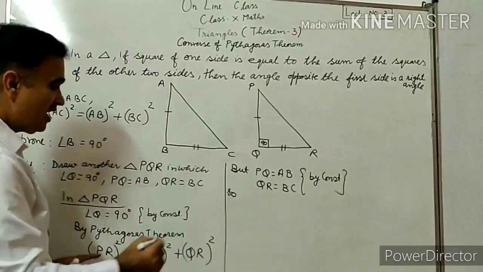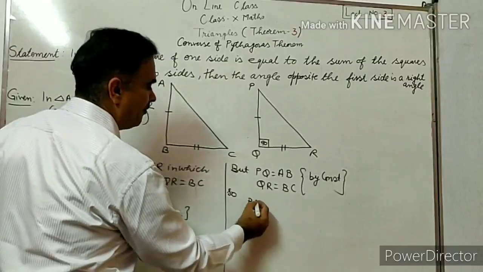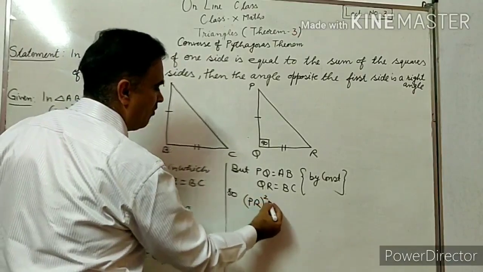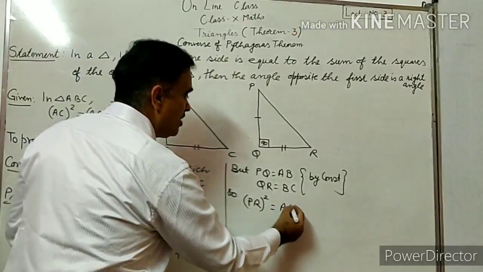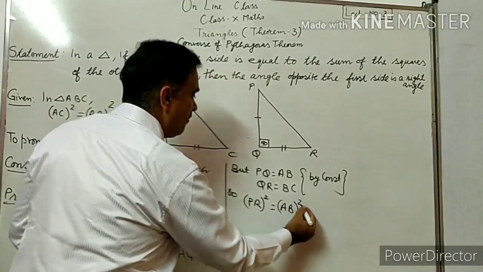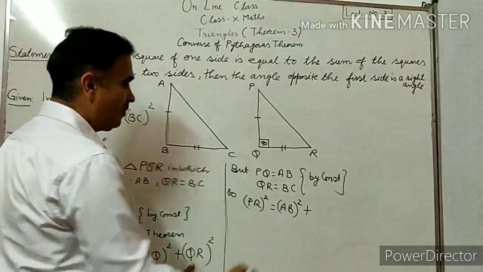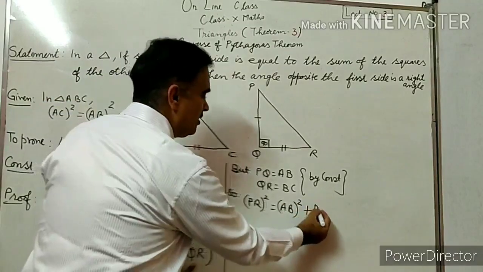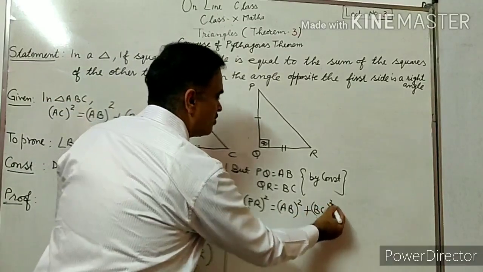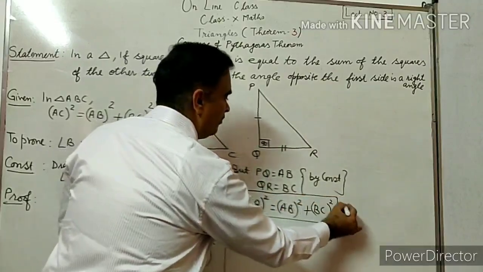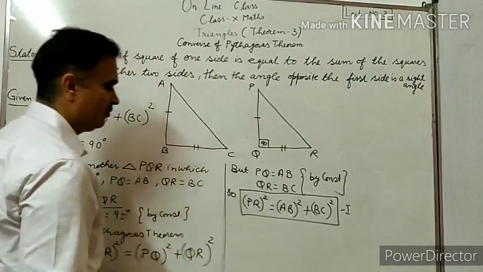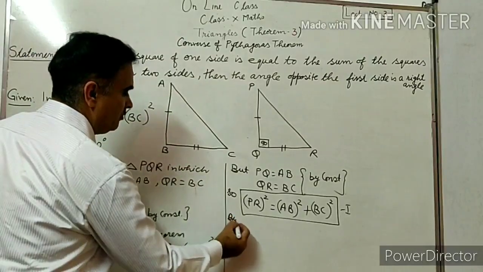So PR square equal to PQ, in place of PQ we write AB square, plus QR, in place of QR we can write BC square. Take it as first. This is your first or not?